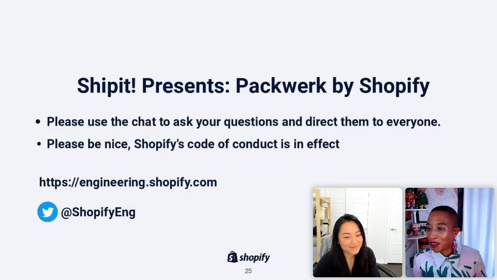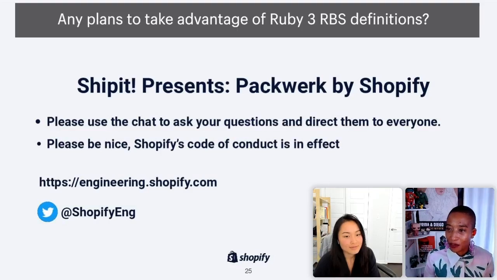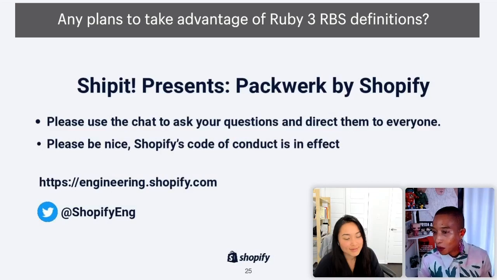I will follow up on the RBS question because one of our Shopify folks has answered it in the chat, and I'll make that available for people who watch this video afterwards. The answer is we're working closely with the Ruby core team at Shopify to contribute and help development of RBS. We also have preliminary work to marry RBS with Sorbet, so that stuff's ongoing.